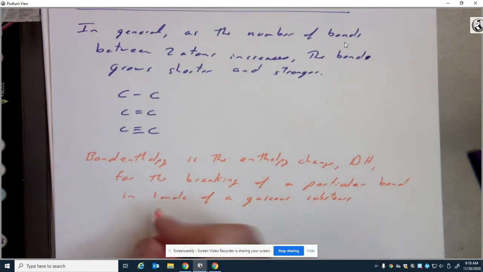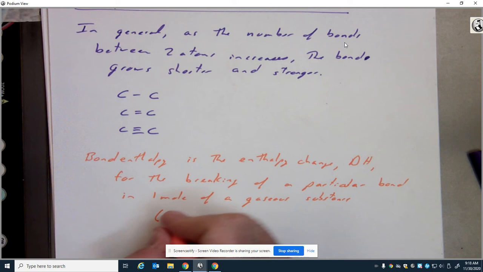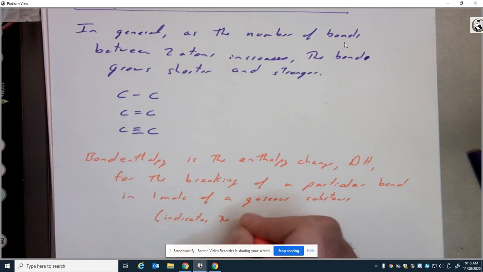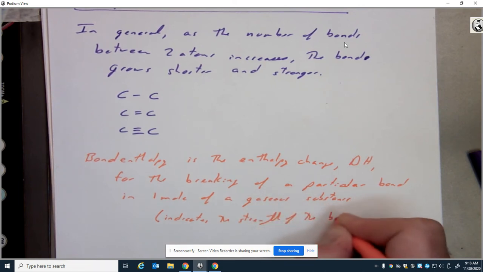Okay, so this is really just giving us the strength of our bond. So it indicates the strength of the bond.